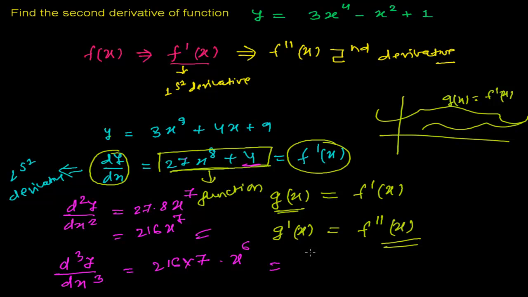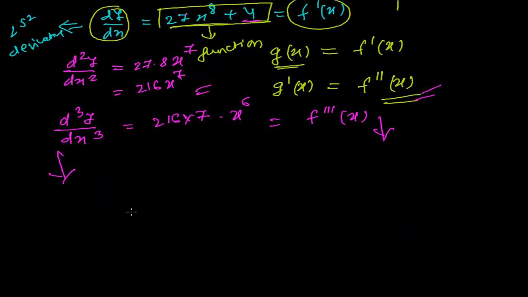If you want to find the third derivative, d cube y over dx cube, just multiply this 216 by 7, and the power is reduced by 1, so 7 minus 1 is 6. This is your third derivative, which in this form is f triple prime of x. You can continue as much as you want, until you reach a linear equation or even lower. There are a lot of possibilities: second derivative, nth derivative, you can go up to any number.